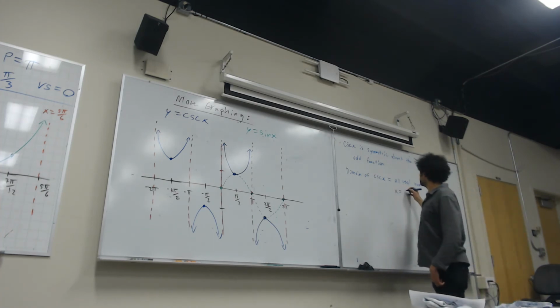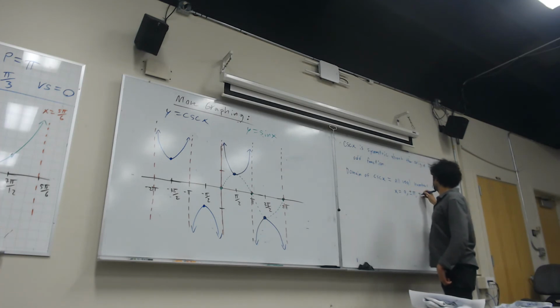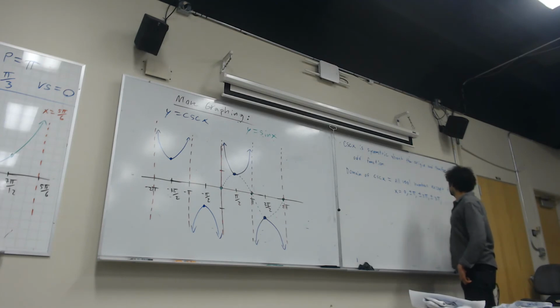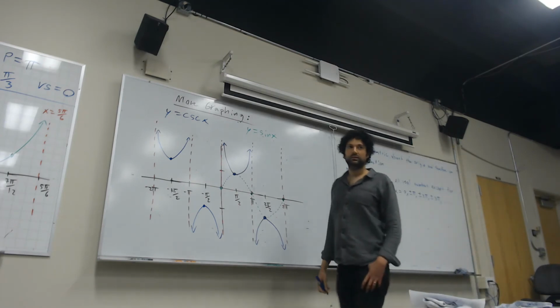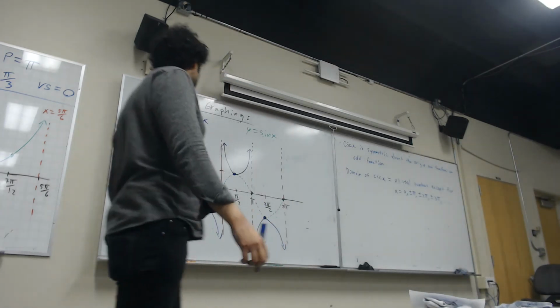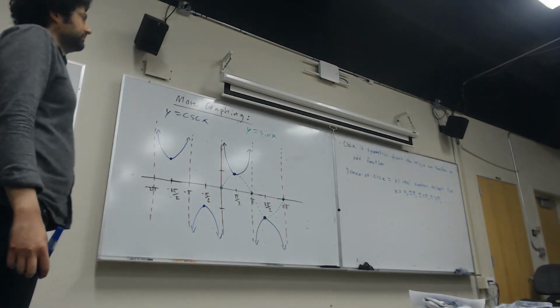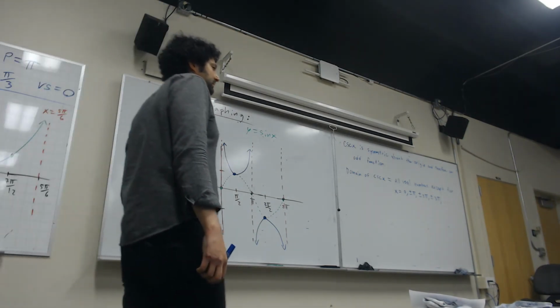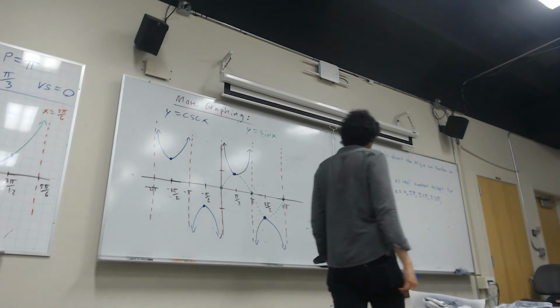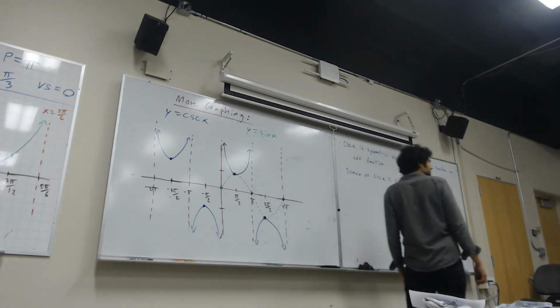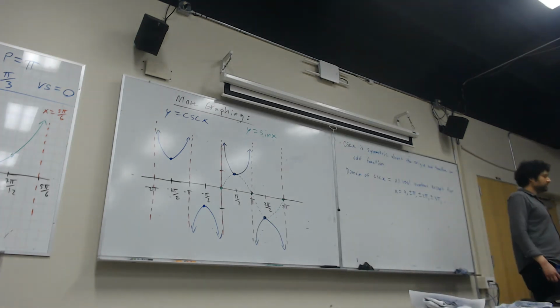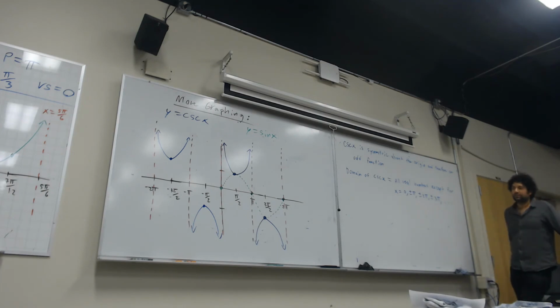Except for x equal to 0, plus or minus pi, plus or minus 2 pi, plus or minus 3 pi, because that's where you've got asymptotes. It doesn't make sense to talk about amplitude because there's no max or min.